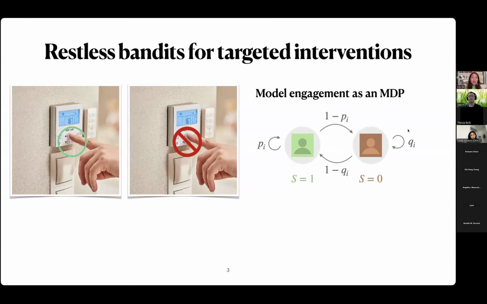Just for the purpose of illustration, note that I'm giving this example with a relatively simple binary state context. So S equals 1 is the engaging state and S equals 0 is the non-engaging state. But this kind of problem of restless bandits can also apply to much broader contexts in which there are many, many states.